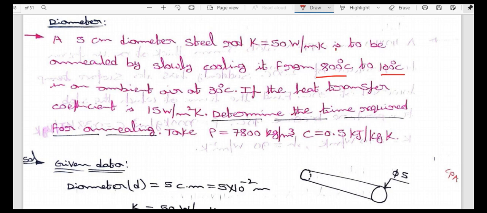So 800 to 100: this is the T naught value and this is the T value, and ambient temperature T infinity is equal to 30. If the heat transfer coefficient h value is given, determine the time required. So time required means unsteady state. That means the transient heat conduction equation.